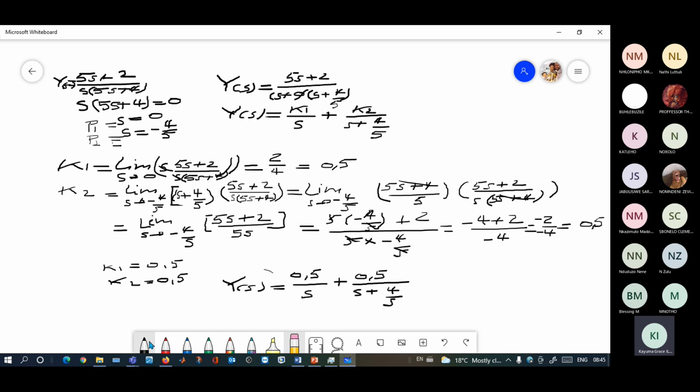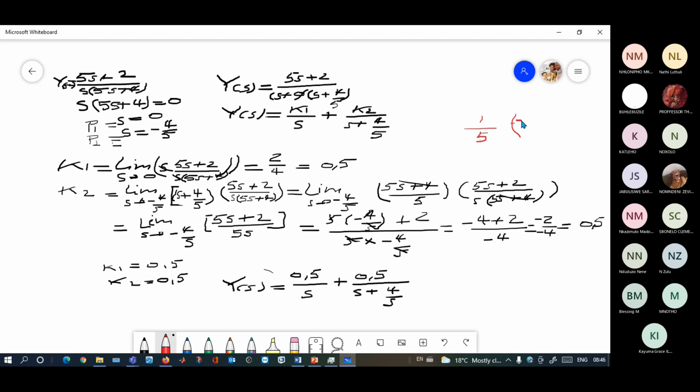Okay, so now let me write it even in red. So I can have there 1 over 5. Okay, this one gonna give me 1 over 5. Then that will be times 5. Okay.